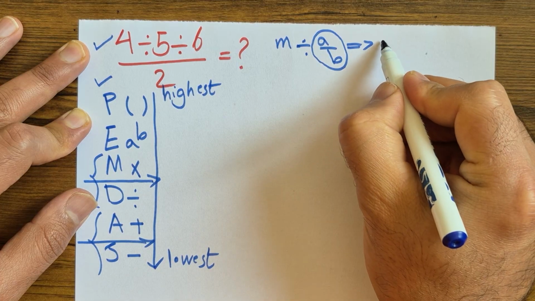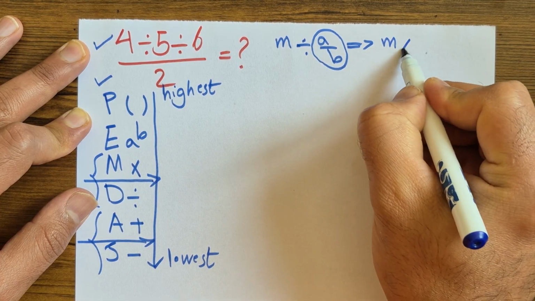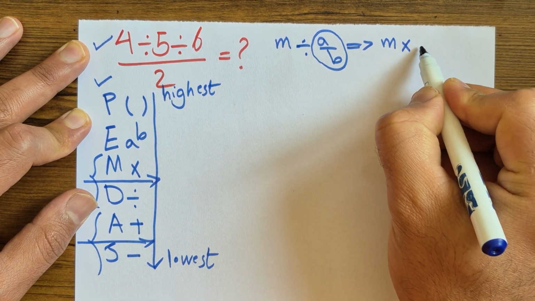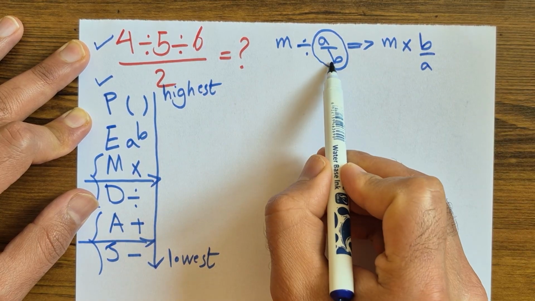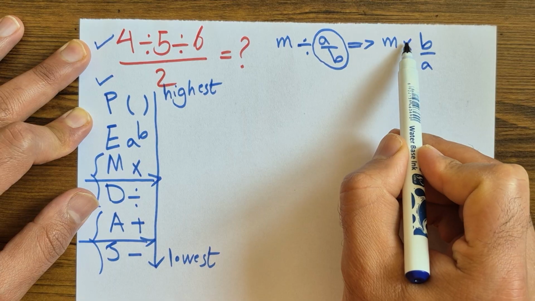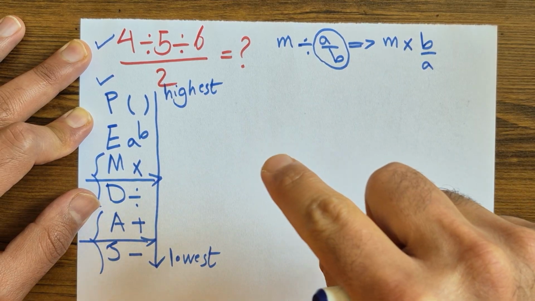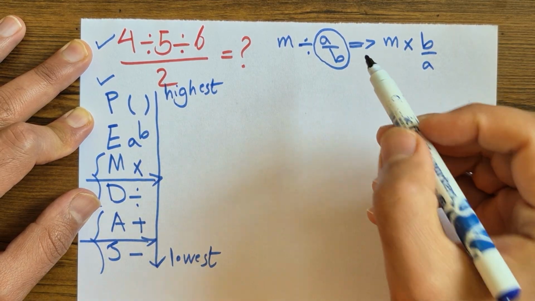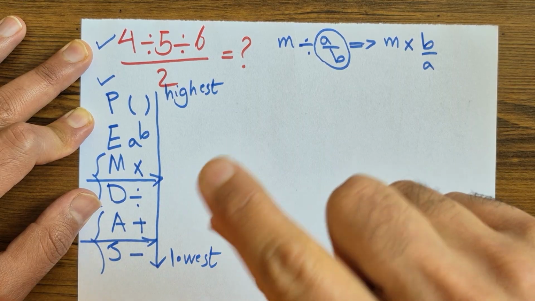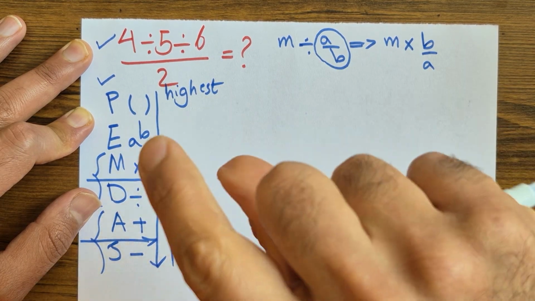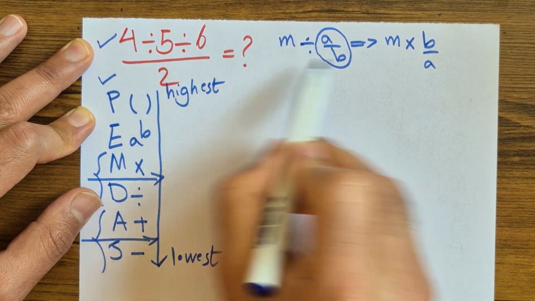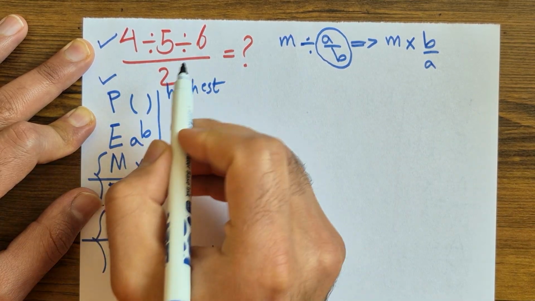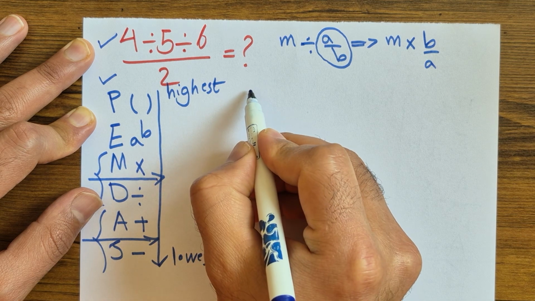So we can write m divided by a over b as m multiplied by b over a. So instead of dividing by a over b, you can multiply by the reciprocal of the fraction. A reciprocal of a fraction is what you get if you swap the upper part with the lower part, like this.